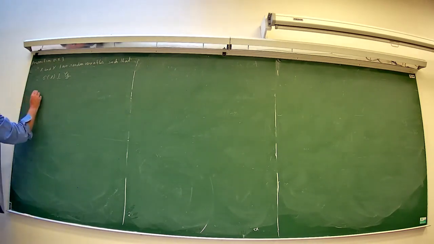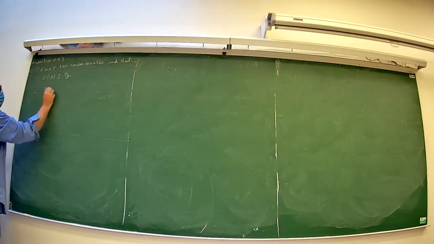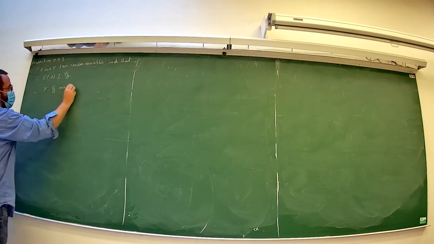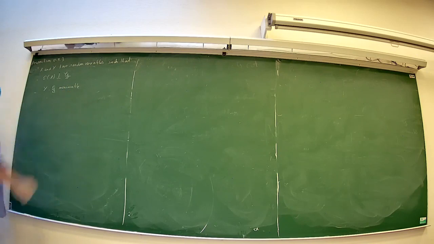And I suppose Y to be J measurable. So I have a sub-sigma algebra of A, one random variable that is independent, the other one that is J measurable, and I say the following.